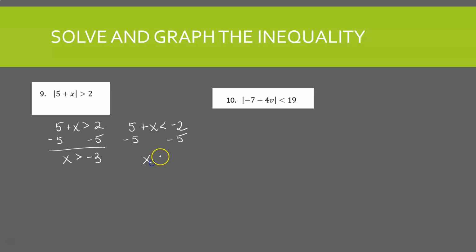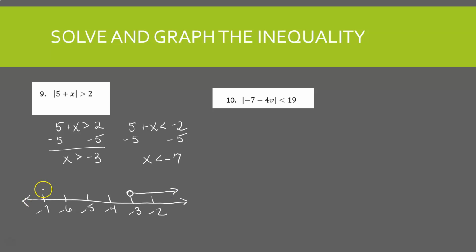So I have x is less than negative 7. So here's my negative 3, open. Numbers are greater than, so that way. Negative 7, also open. Or less than.